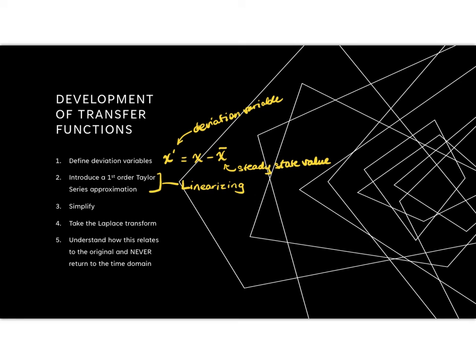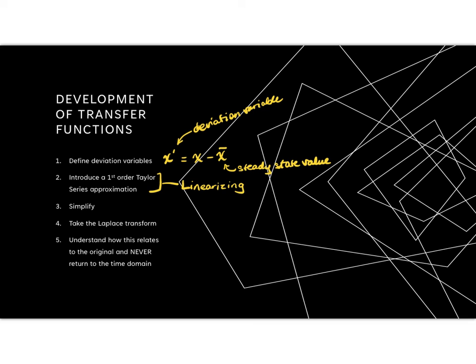Once we have a linear equation in terms of deviation variables, we'll do any algebraic simplification we need. We'll take the Laplace transform and we'll think about the answer. We're not going to actually take this back to the time domain.